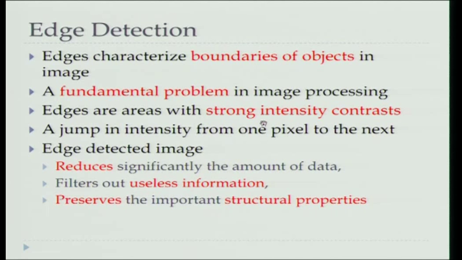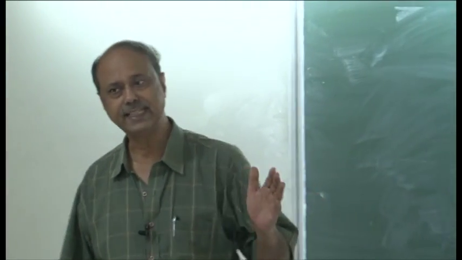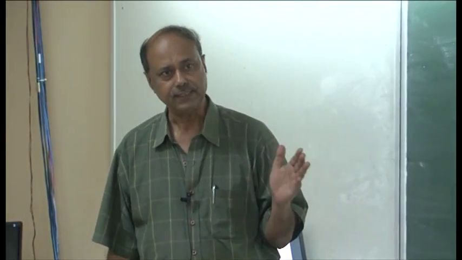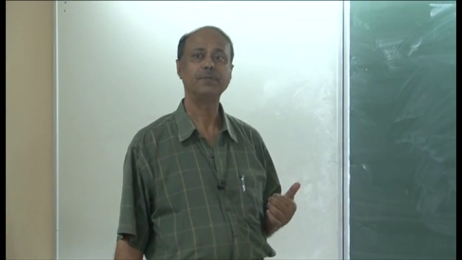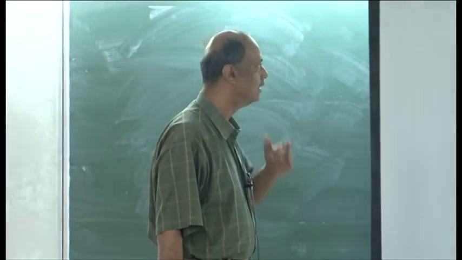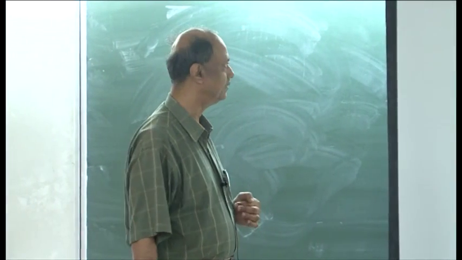If the intensity value is changing slowly, you may not realize that it is an edge. So you have to sharpen the image to realize that it is an edge.